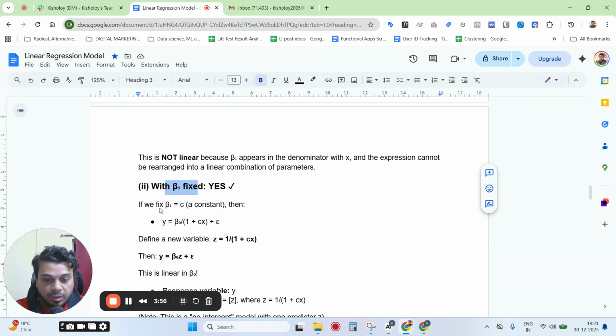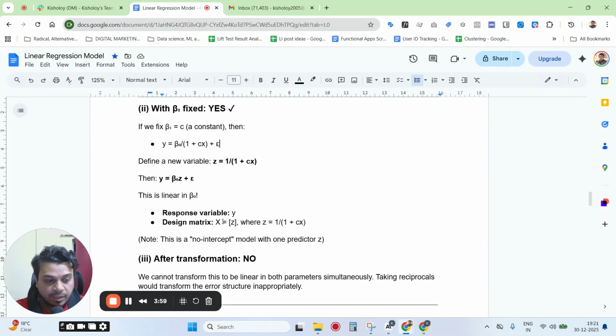You can fix beta 1, set it to c, a constant, and then define a new variable z as 1 over 1 plus cx, which comes from c being a constant replacing beta 1. Then your equation becomes y equal to beta 0 plus beta into z plus an error. So that becomes linear in beta 0. That's how you can redefine this.